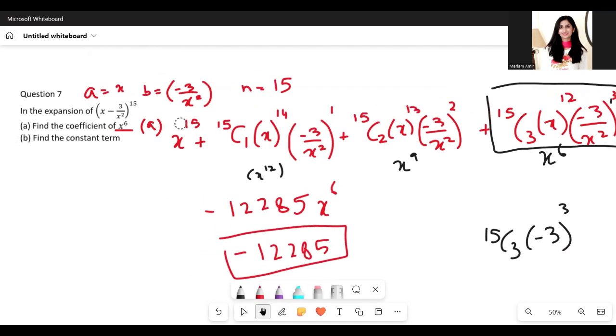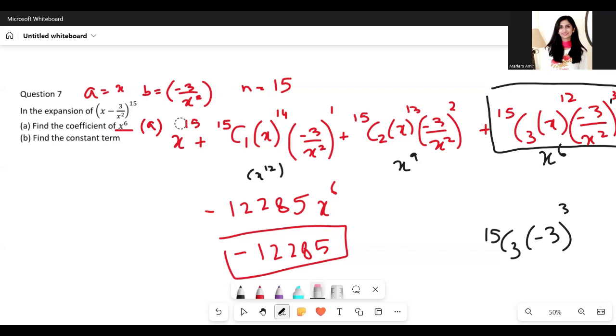Okay, there's also part B to it, unfortunately for you guys. Part B is find the constant term here. How do we find the constant term? We do not have any constant term yet.